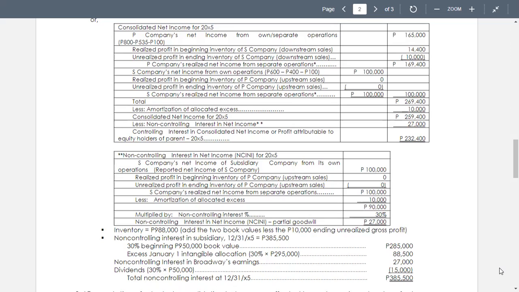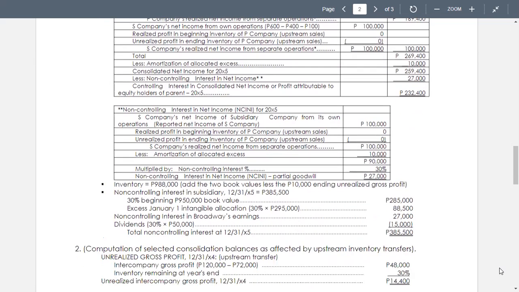So 285,000, we add to 88,500. And then we are going to add the non-controlling interest in the earnings and deduct dividends. So the non-controlling interest by December 31, 20x5 is 385,500.